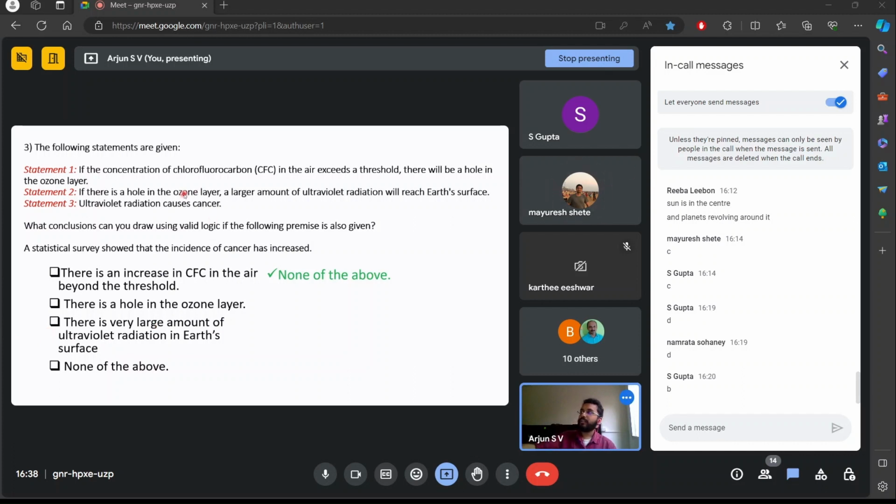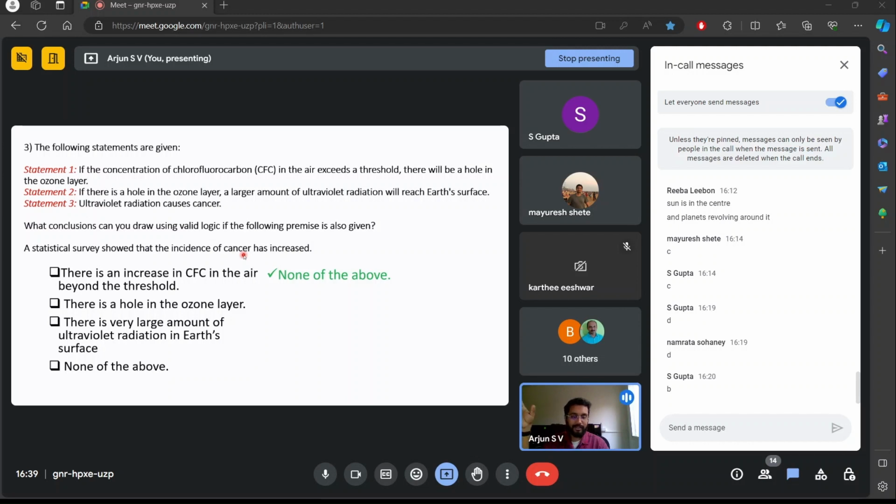Now consider statements 2 and 3: if there is a hole in the ozone layer, a large amount of UV radiation will reach Earth's surface, and ultraviolet radiation causes cancer. So a probable conclusion of statements 2 and 3 would be that a hole in the ozone layer causes cancer. Compare the conclusion of statements 2 and 3 with the premise: a hole in the ozone layer causing cancer, and the incidence of cancer has increased.